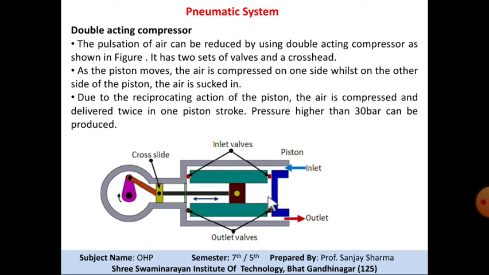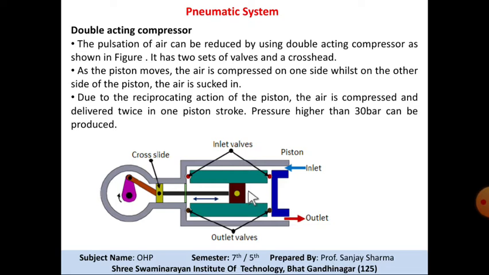Now during the second stroke, when it is moving from right to left, whatever air is stored here will be delivered through this port, and here the suction will be created, so the air will enter through this port.